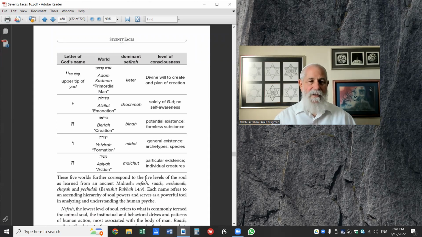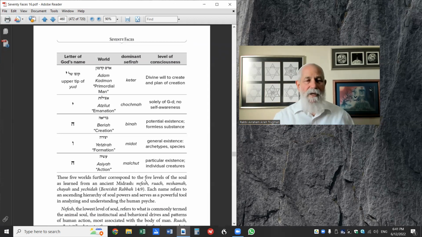And in the book, there's quite literally hundreds of charts taking the four letters of God's name or the four letters and the tip of the Yud, and explaining a full gamut of different ideas and concepts.